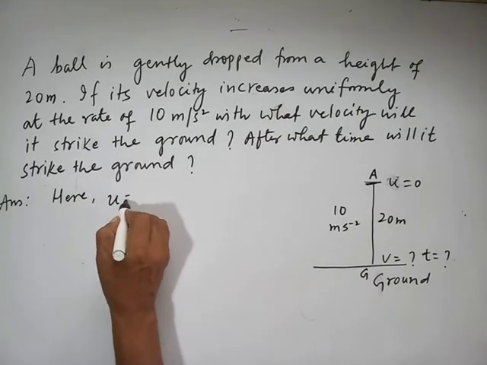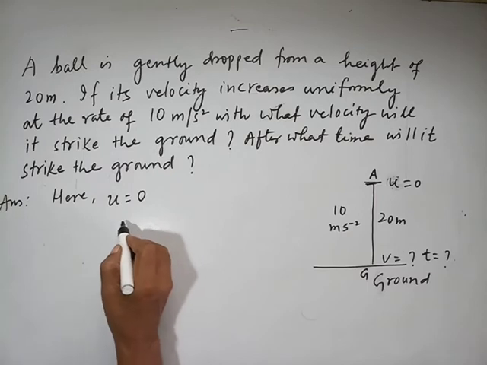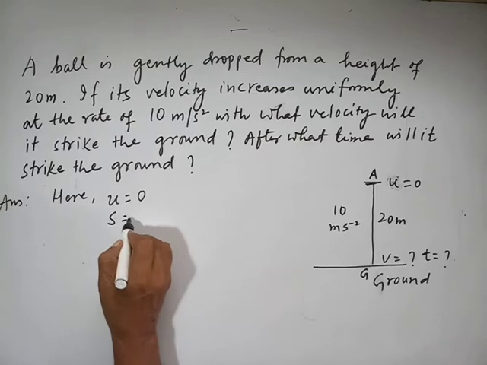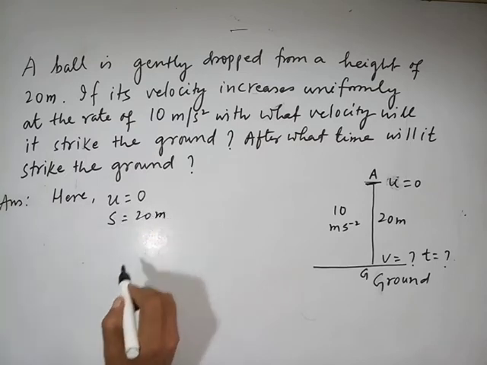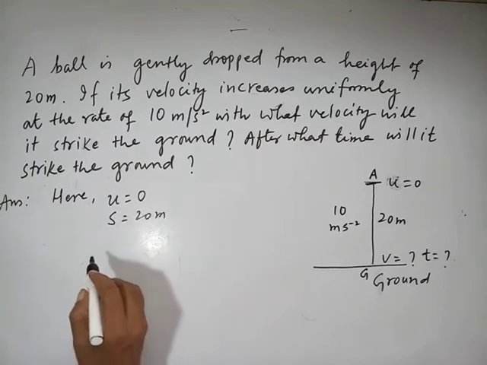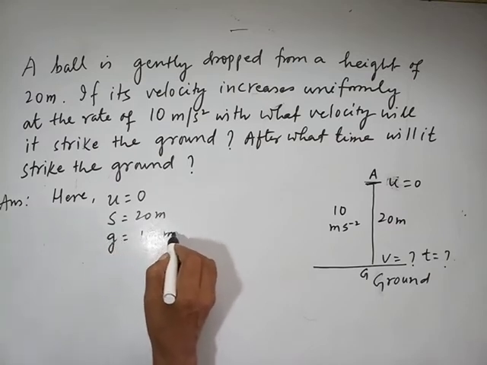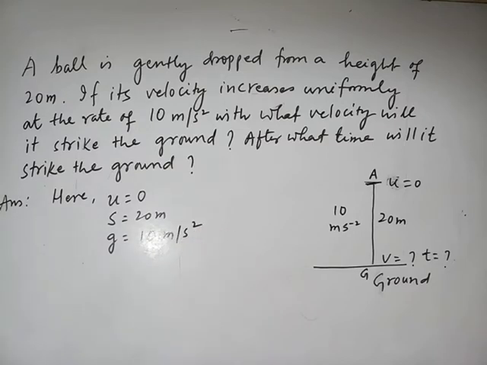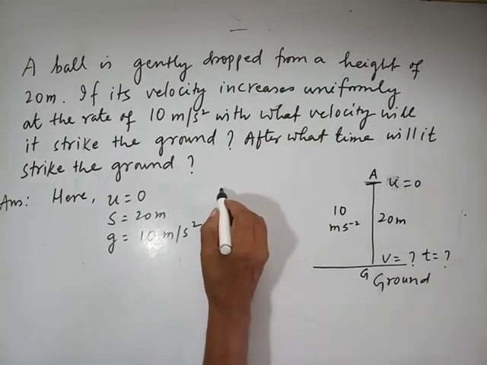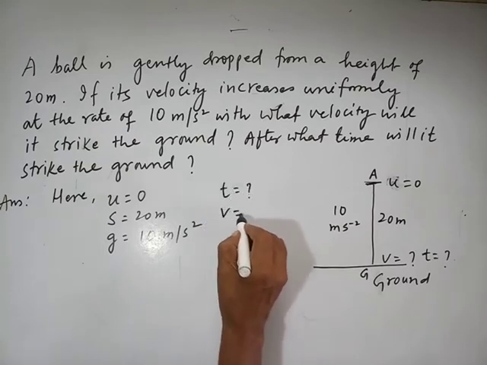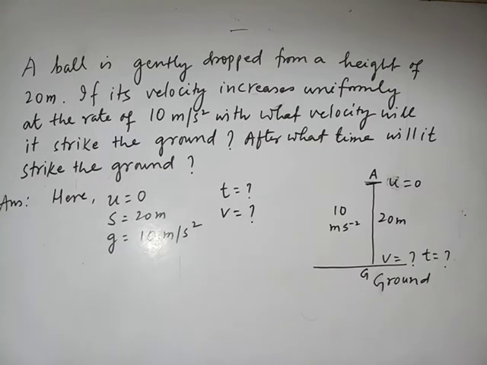Here u is equal to 0, and s is the height, it is 20 meter, and g is given here. g is in the downward direction, so g is positive here, 10 meter per second square. You have to find the time to reach the ground and the velocity at which the ball strikes the ground.